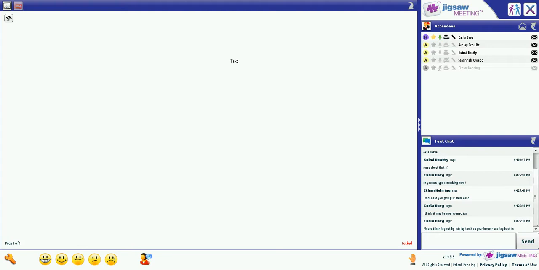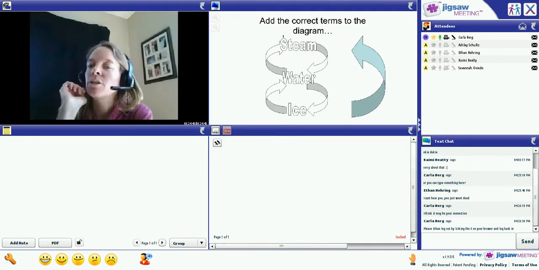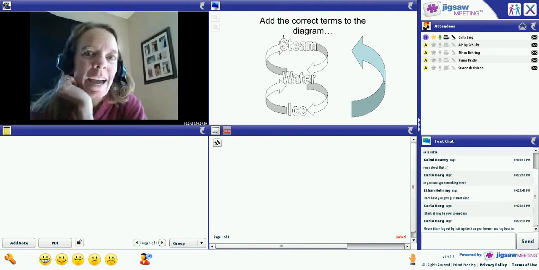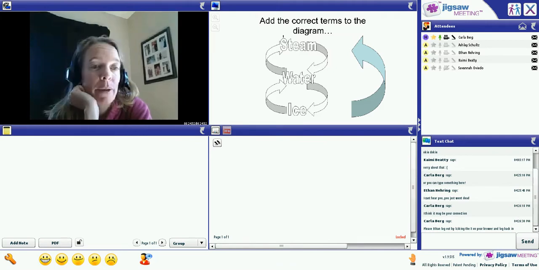Maybe not. Oh, it doesn't seem to want to let me do that either. So we're going to look at the diagram, and we're just going to go through it verbally.